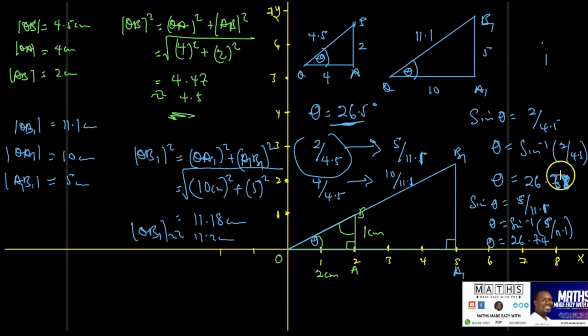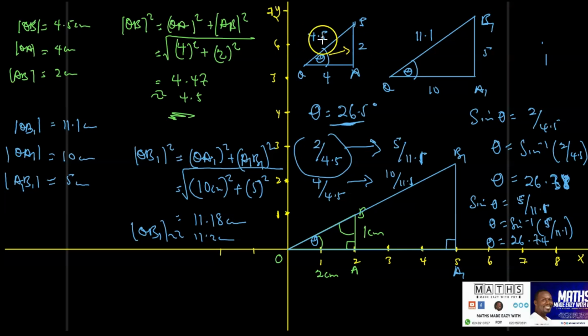So whatever we've established here, now watch this carefully. Have you seen the position of the theta value in both triangles? If you look at it carefully, the value opposite to it is what number? 2.